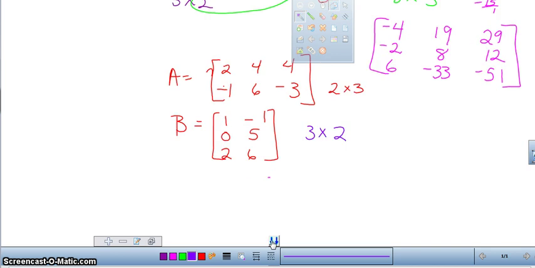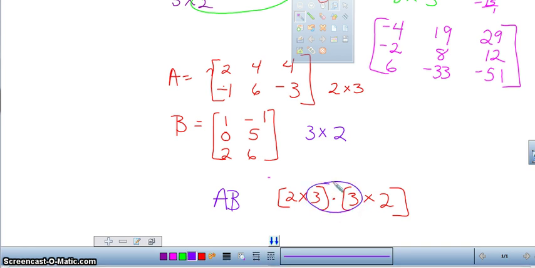My question is, what if I want AB? That means you're going to multiply A by B. So A is a 2 by 3 times a 3 by 2. Can I do that? Yes, I can, because these are both 3's, and my resulting matrix is going to be a 2 by 2.